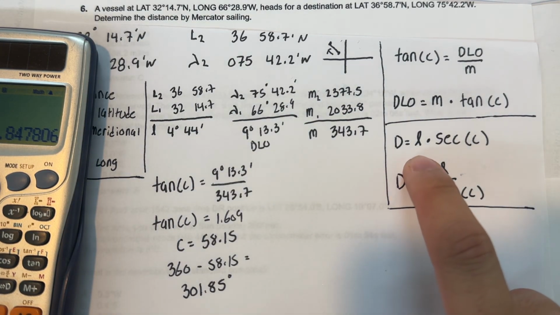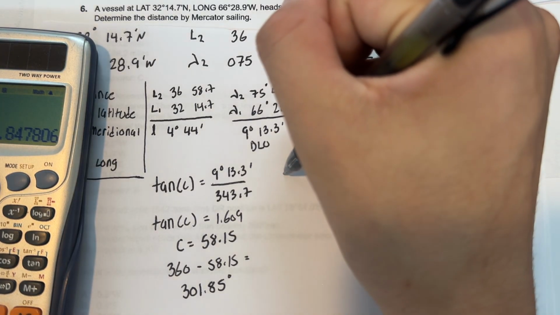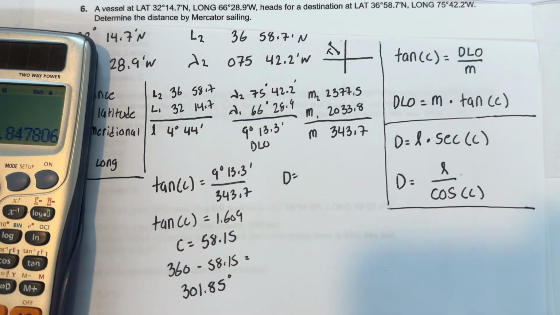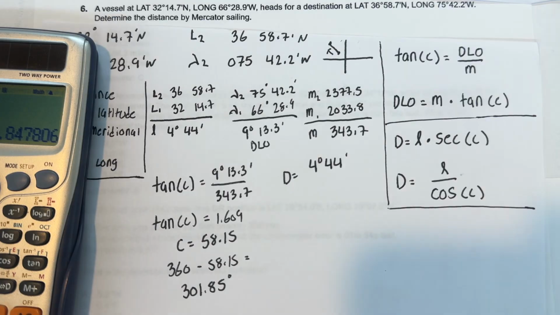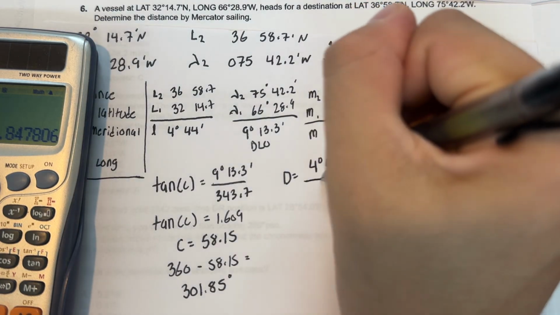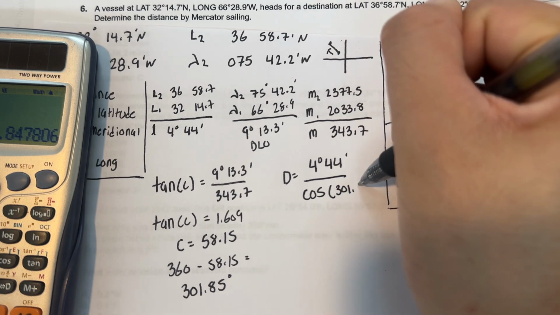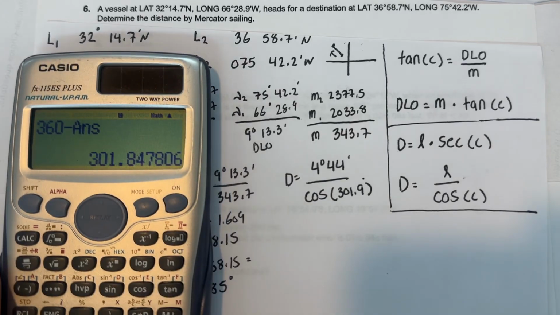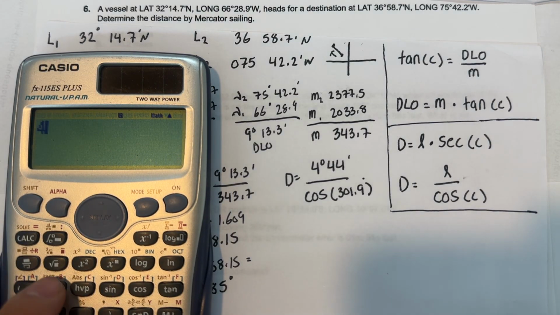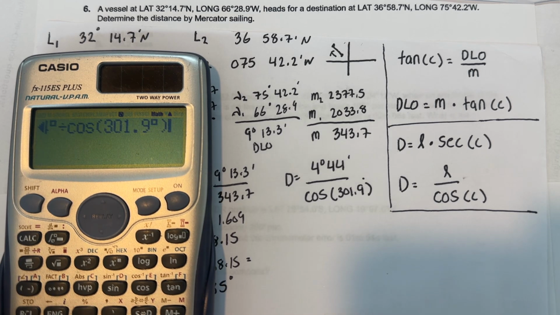Now we can go into the second formula. Our distance equals our difference in latitude divided by cosine C. So distance equals our difference in latitude, 4 degrees, 44 minutes, divided by cosine of the course that we just found, cosine 301.9. Again, back to the calculator: 4 degrees, 44 minutes divided by cosine 301.9 degrees.